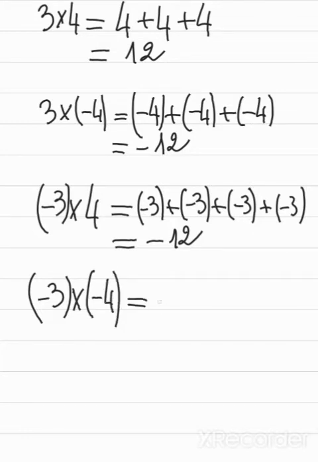We can prove in another video that it's positive 12. So the rule here is, if you get two numbers with the same sign, the result is positive. If you get two numbers with different signs, the result is negative.